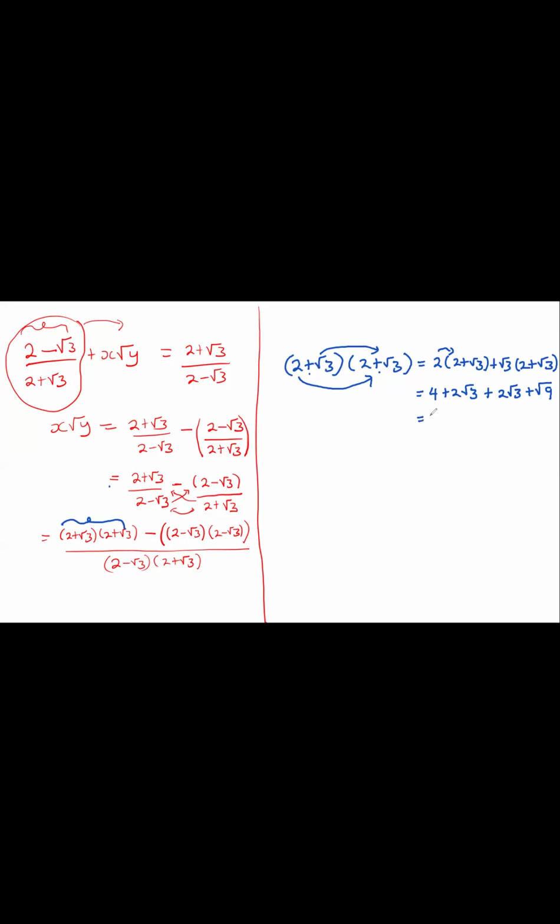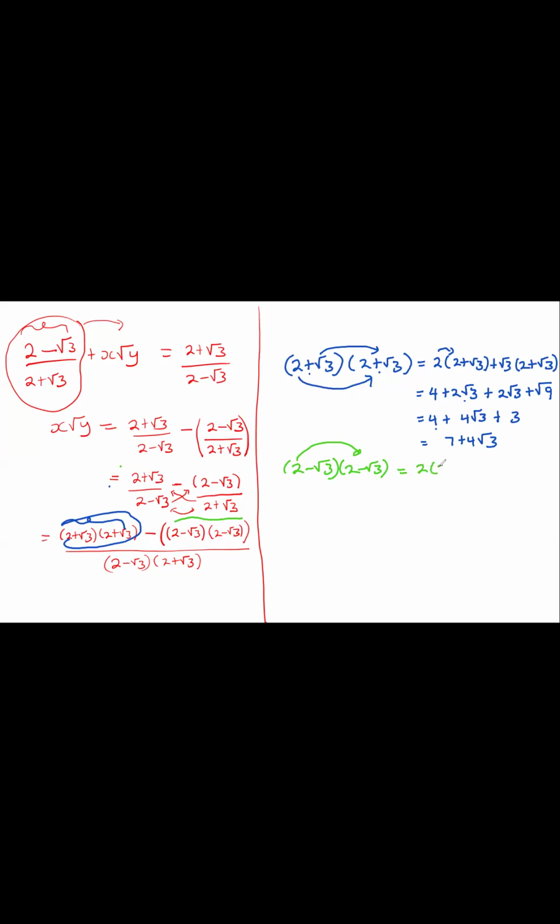So when you come here, we shall have 4 plus 2 root 3 plus 2 root 3 gives us 4 root of 3 plus the 3 here. So this one will give us 4 plus 3, which gives us 7 plus 4 root of 3. So where we have this one here, we shall replace it with this one. Then now, I go to the second part. Here we have 2 minus root of 3 multiplied by 2 minus root of 3. This 2 will multiply everything.